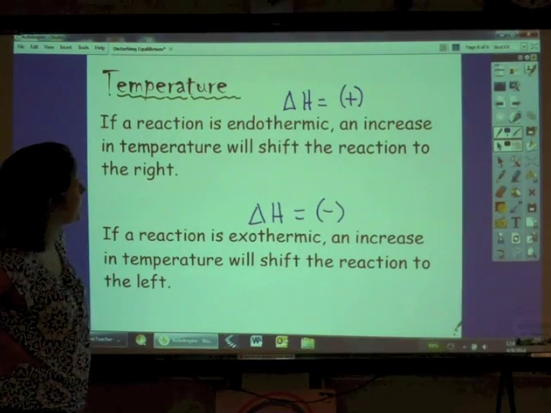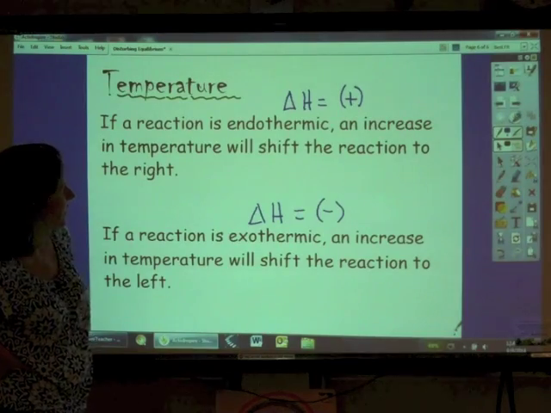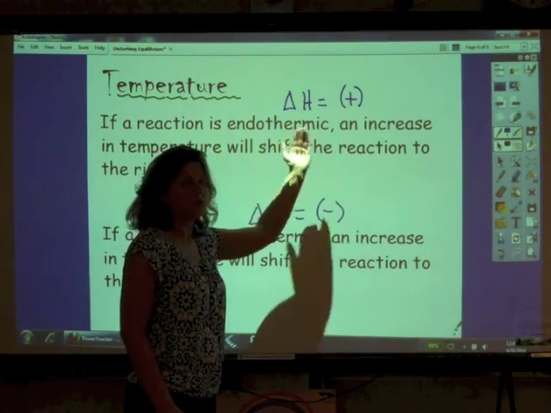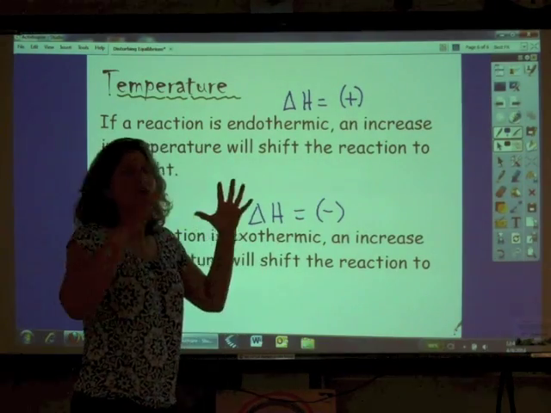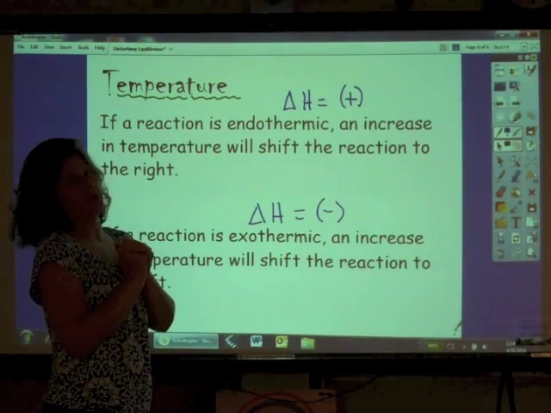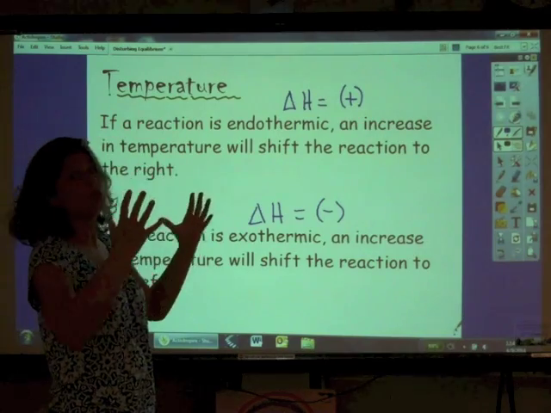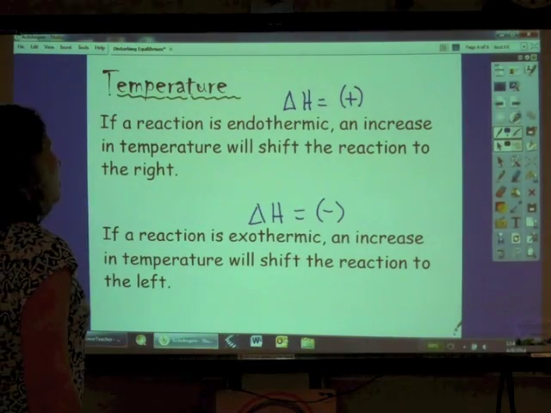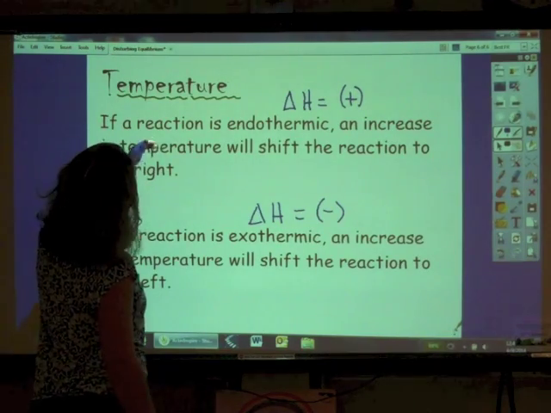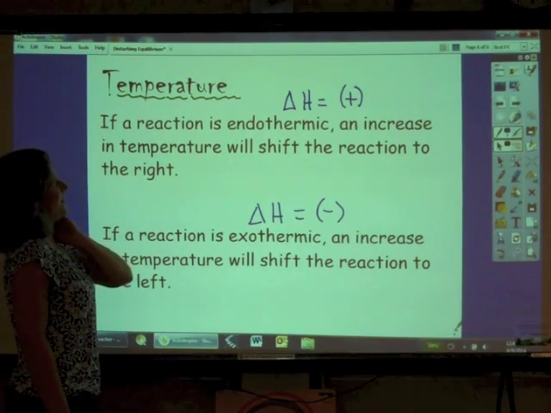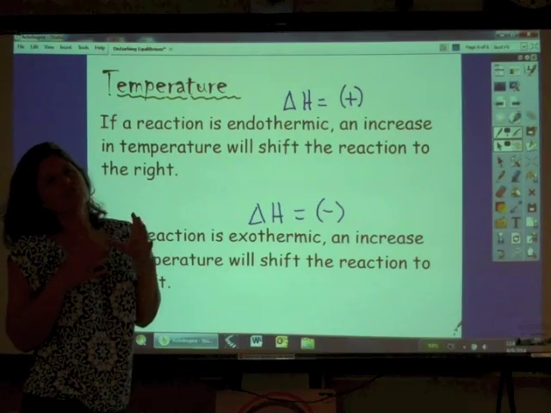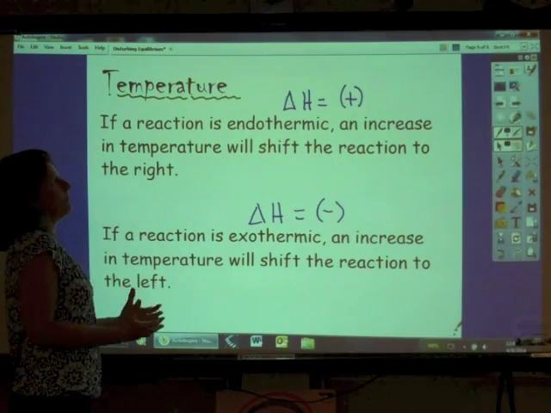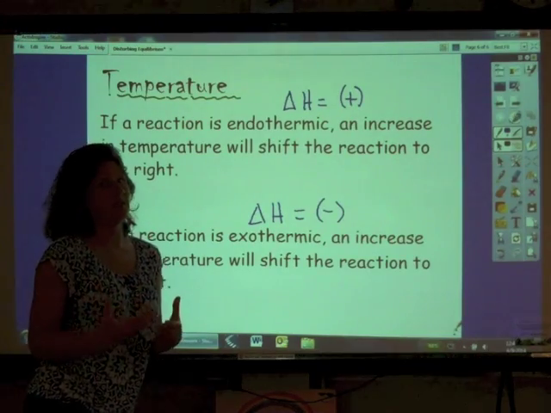So, if a reaction is endothermic, that means that as that reaction goes in the forward direction, it is absorbing heat from the surroundings, right? It's actually cooling the surroundings. And so if you increase the temperature of the reaction, it wants to, I'm anthropomorphizing it, but it will respond by cooling itself.